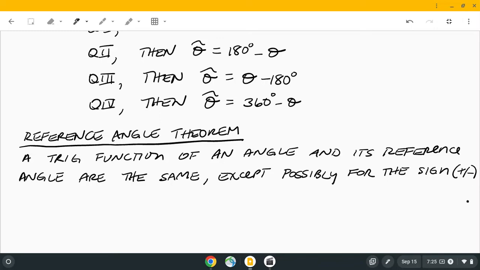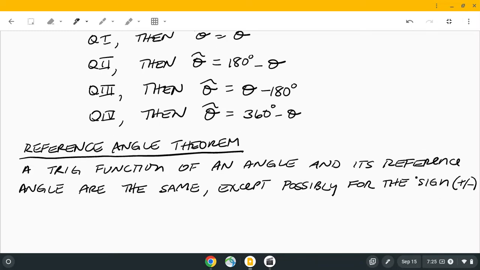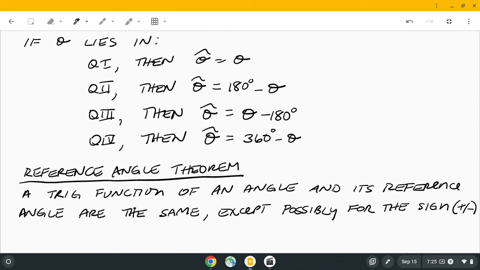If you take one of those 6 trig functions of that angle, it's going to be exactly the same as that same trig function of the reference angle.